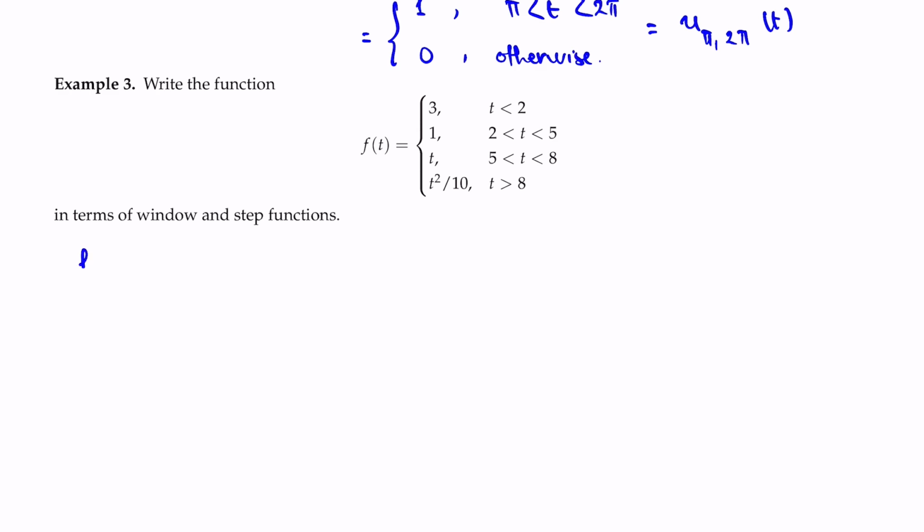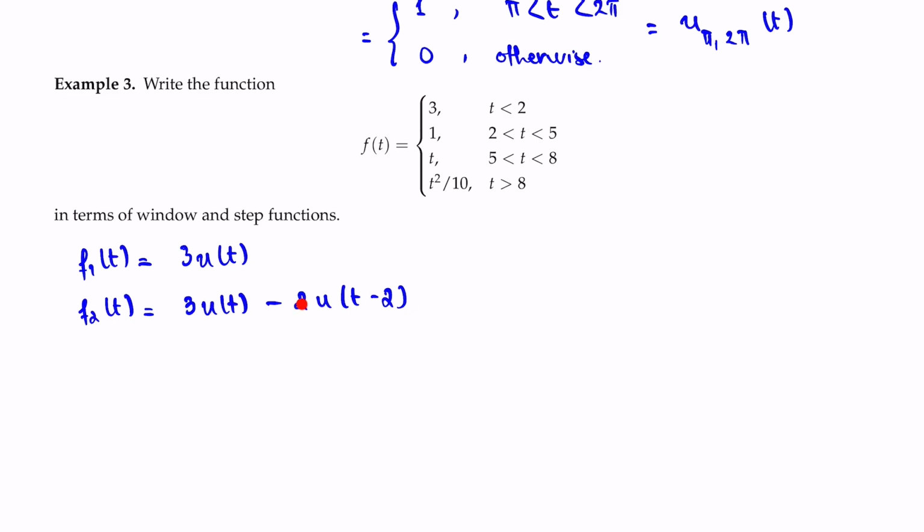Right, so at f1 of t, you start with the function 3 right here, and in the interval of t less than 2, which is the interval between 0 and 2, you can say 3 times u of t. Okay, and then for the second function, you should include the information of the first function, that is 3 times u of t plus negative 2 times u of t minus 2.